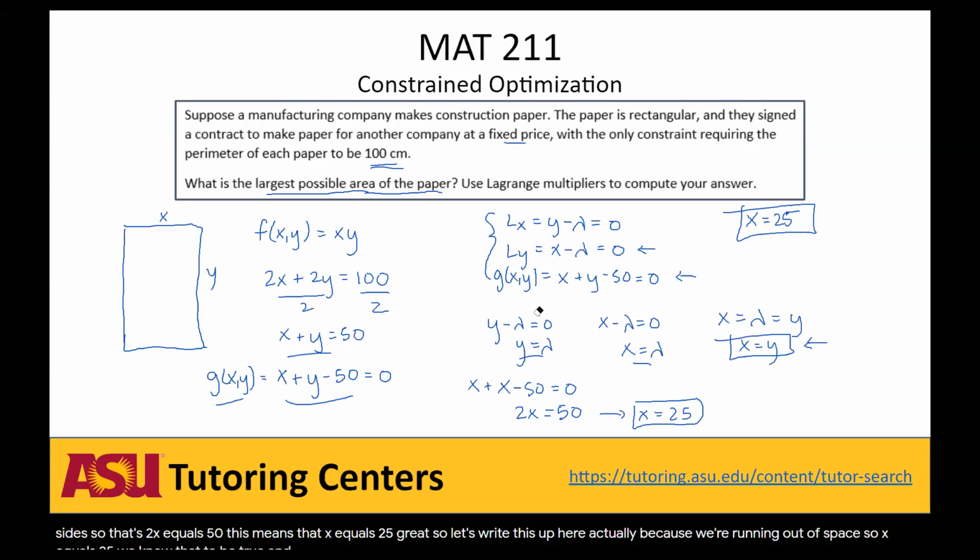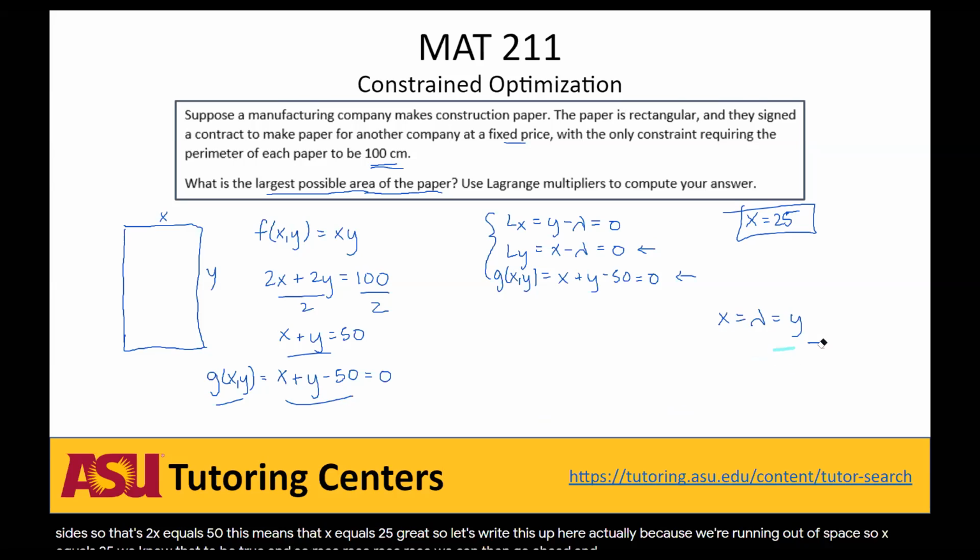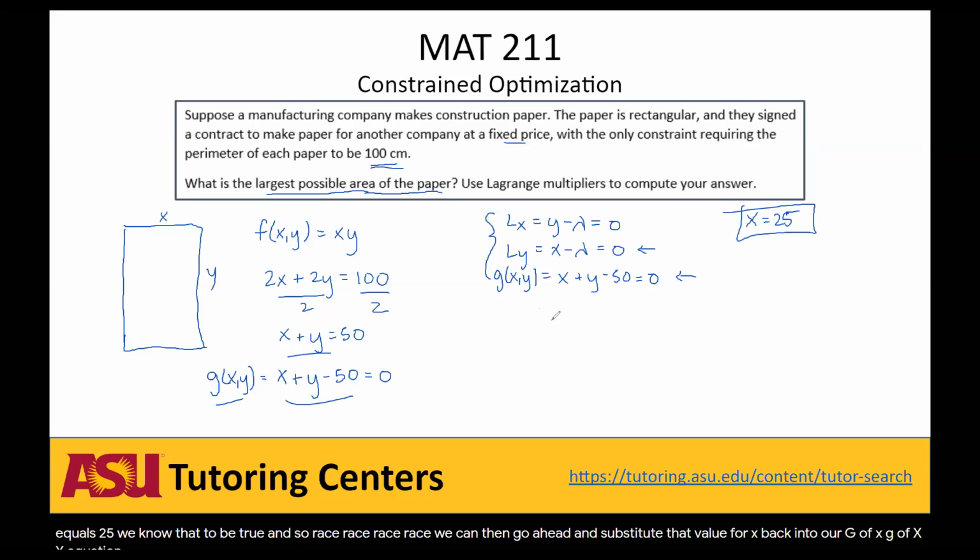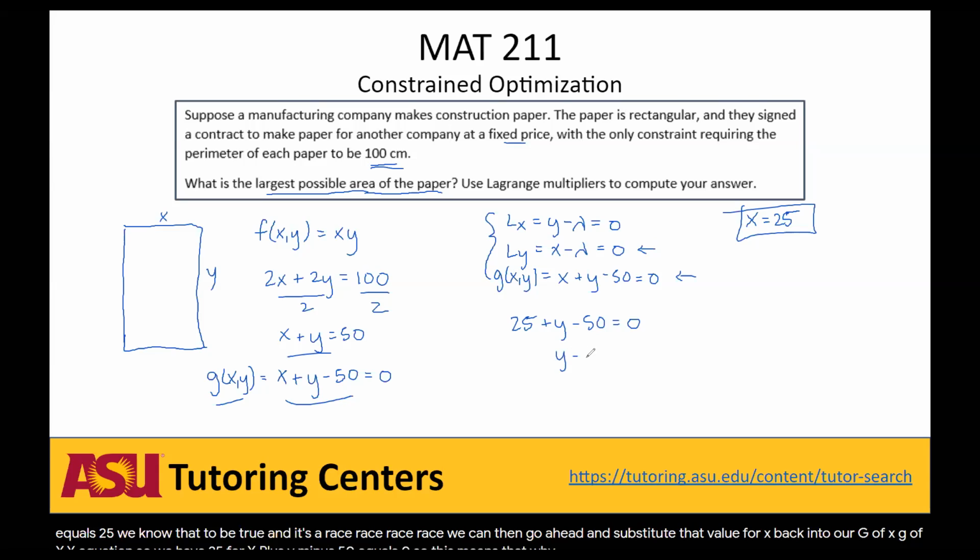We can then go ahead and substitute that value for x back into our g of x, y equation. So we have 25 for x plus y minus 50 equals 0. So this means that y minus 25 equals 0.